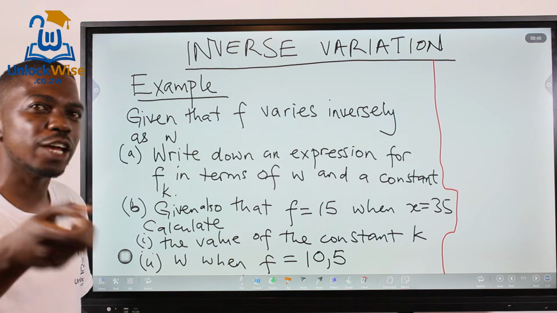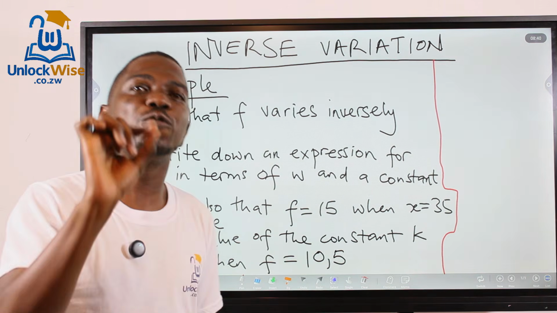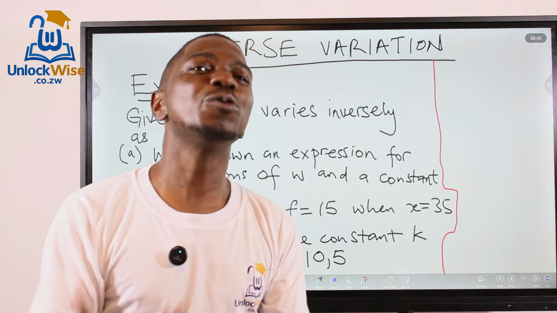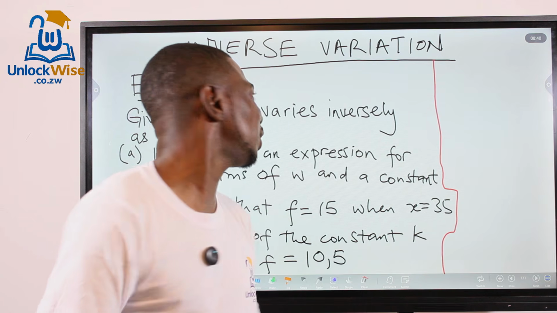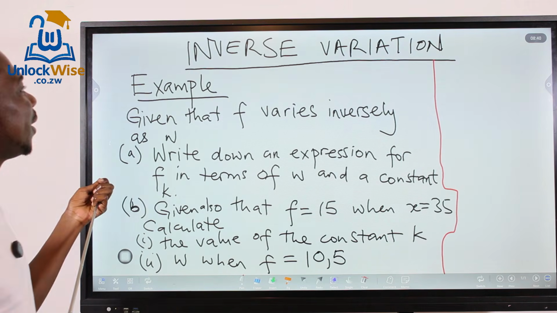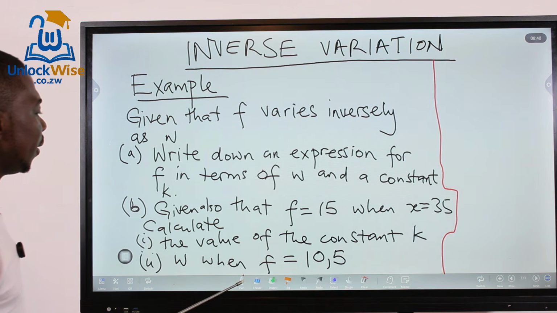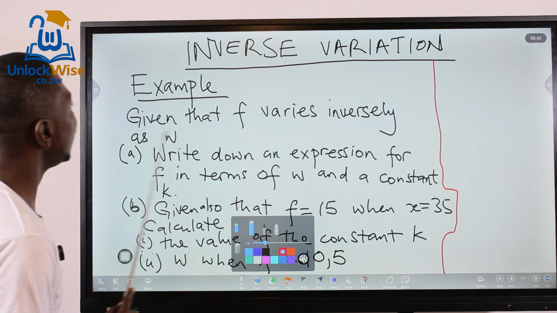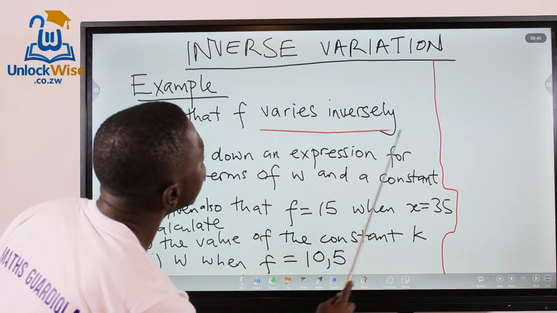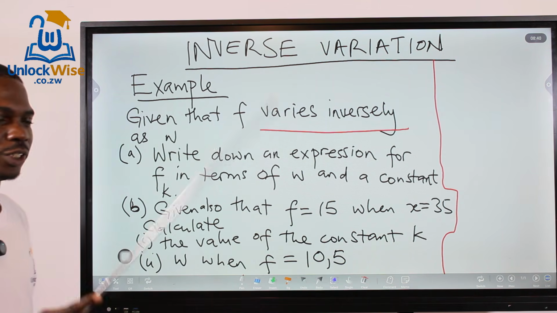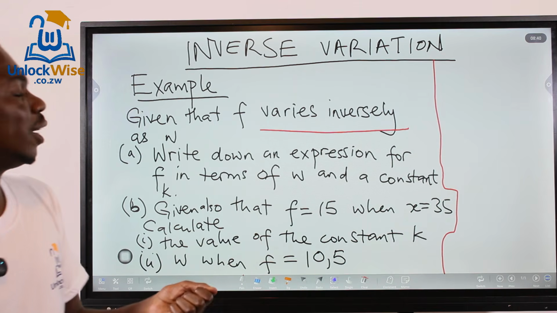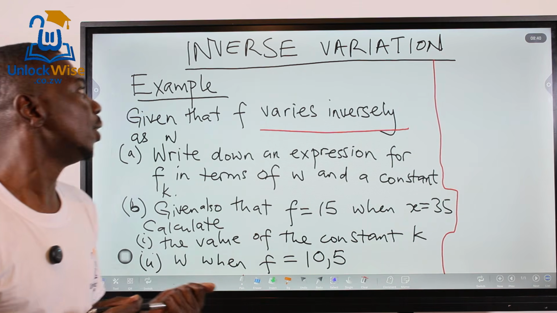Like what I have highlighted before, the first statement will tell you the type of variation you are working with, right? Given that f varies inversely, which now means that we have inverse variation.